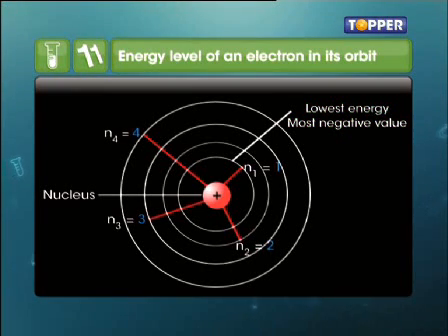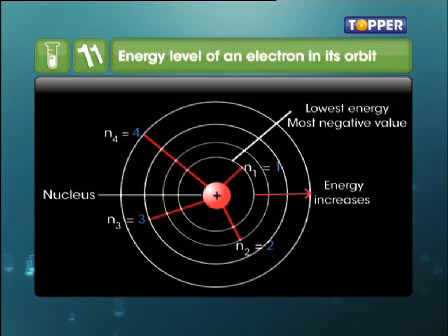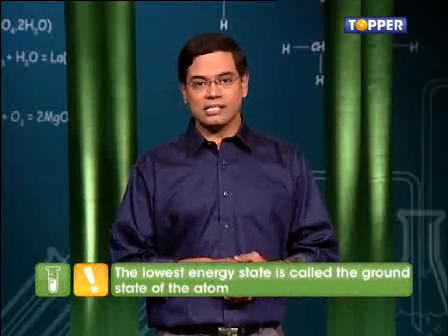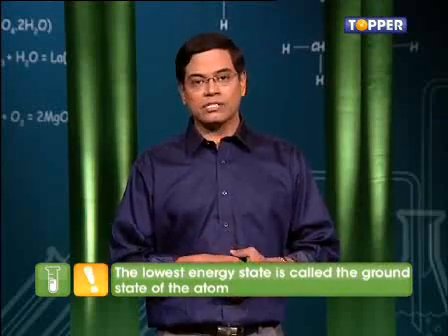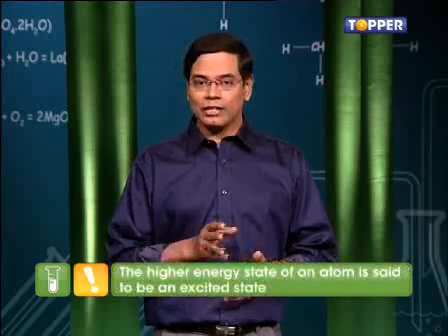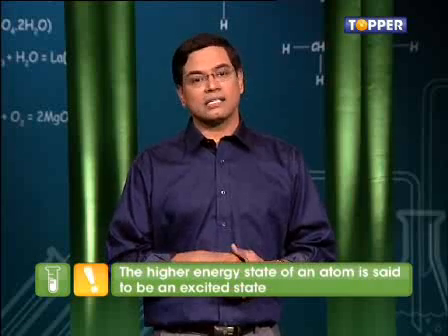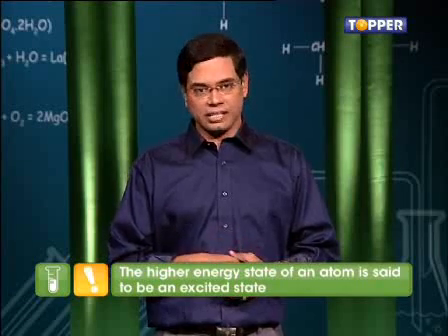And as n gets larger, the energy becomes successively less negative and therefore increases. Some important points to take into account are: the lowest energy state is called the ground state of the atom, and when the electron is in a higher energy state, the atom is said to be in an excited state.